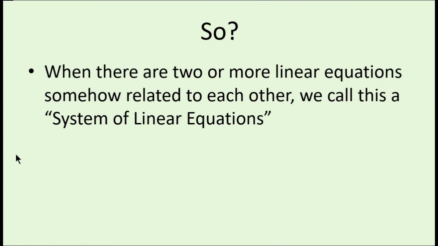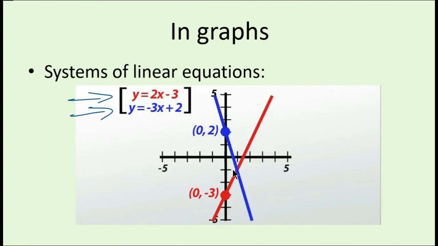So we call this a system of linear equations. Here we have a system of linear equations. We have 2 equations that describe lines plotted on the same plot. Now you may see that they are related to each other. That is, they have an intersection, so they cross each other at this point.